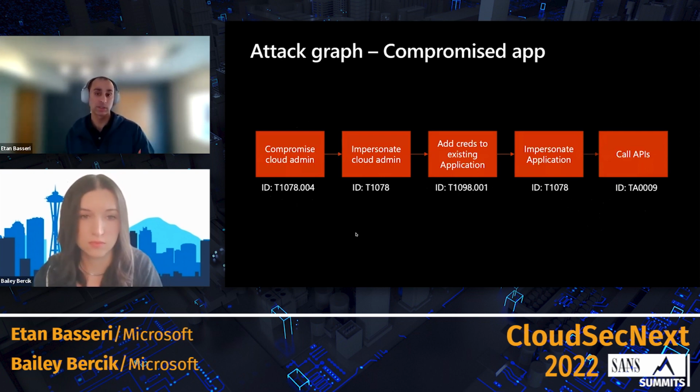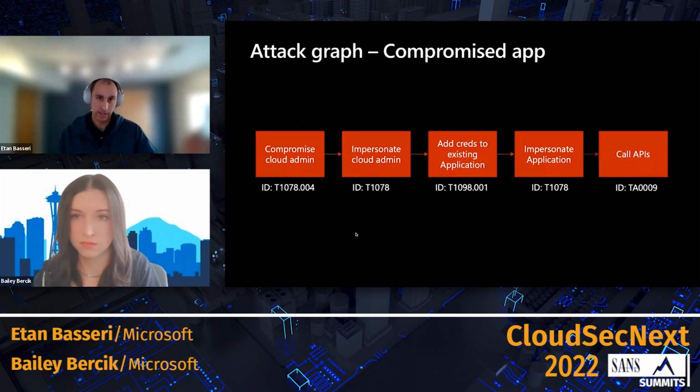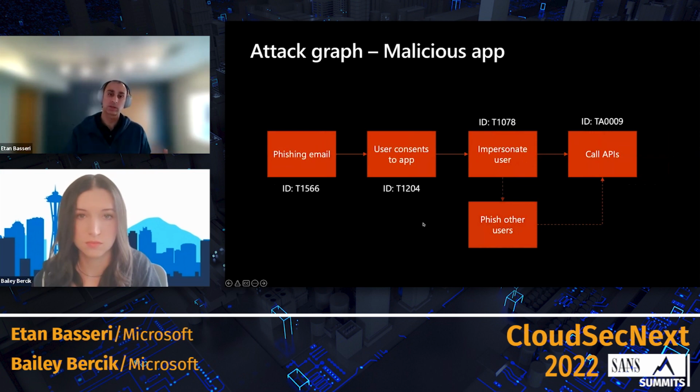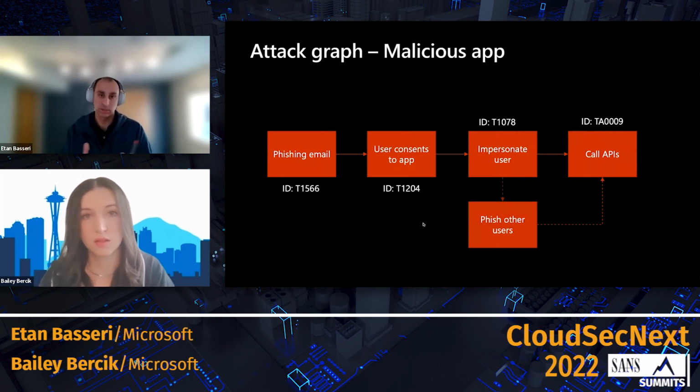And then that application is impersonated to get access to whatever resources it's after. In the case of a malicious app, you have a phishing email. The initial user will consent to that application, and then the adversary will impersonate that user to do one of two things: either directly access the resources it's after, or try to phish other users in the organization using the trust of that initial user because they're an employee, coworker, right?